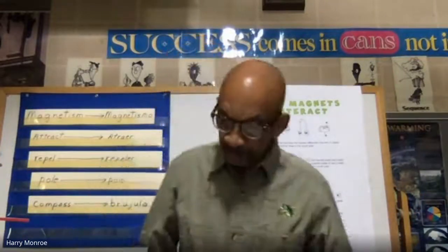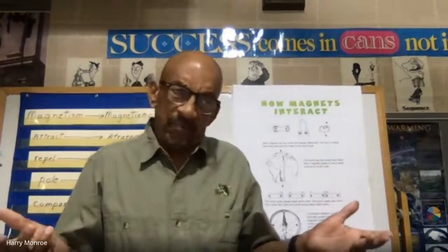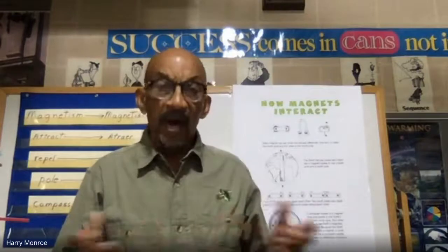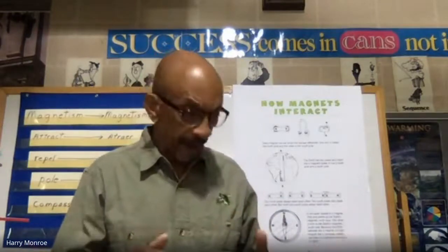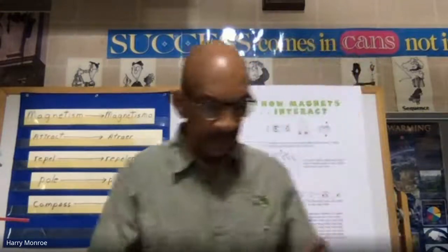Like poles repel each other. Unlike poles attract each other. For example, I have a couple of small bar magnets, and you can't really see the N and S on them, but this is an N, this is an S.